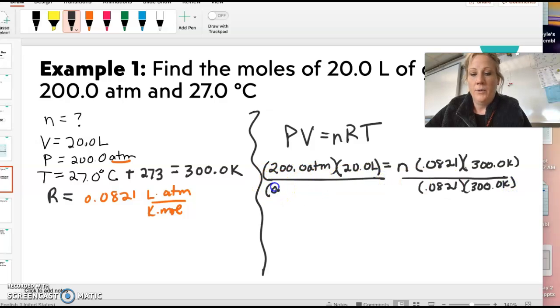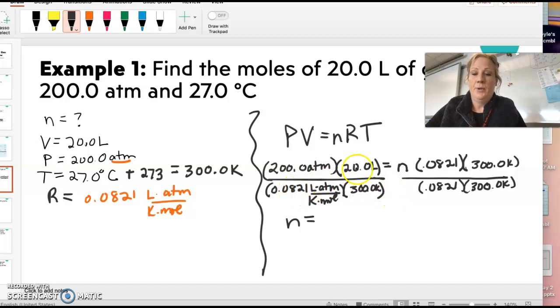So when you do the math on your calculator, I'm going to put that unit back in to show you how cool it is. You will have to use parentheses in the denominator, or however works for you with order of operations. So n equals, I would multiply 200 times 20 divided by parenthesis 0.0821 times 300.